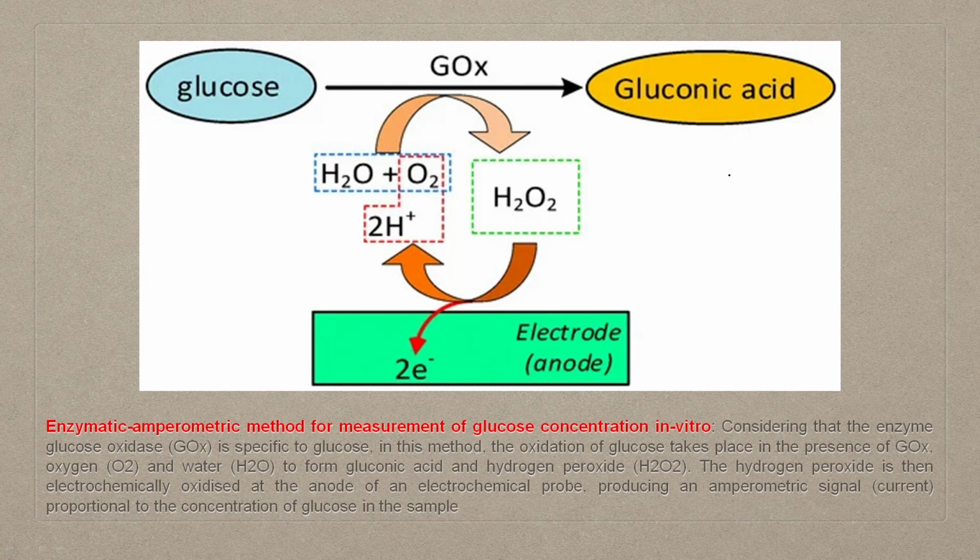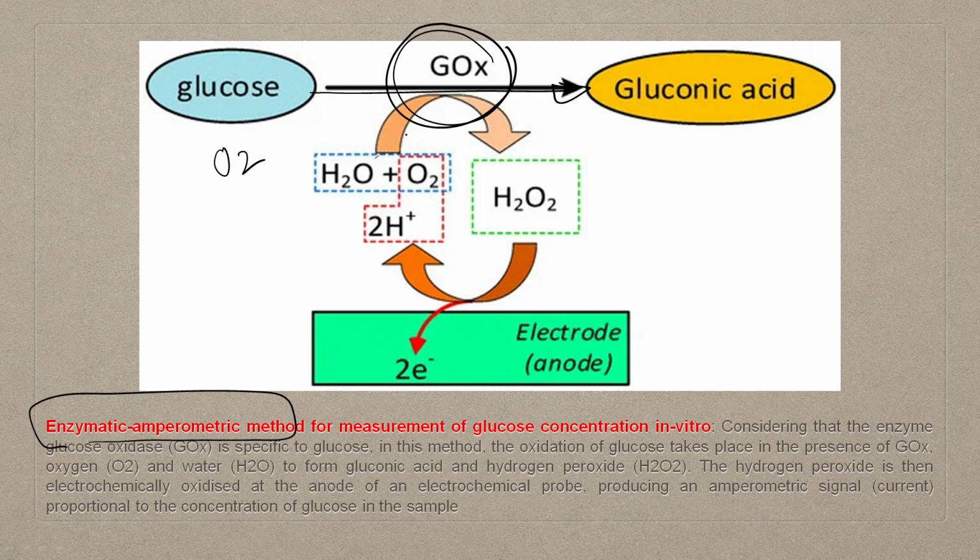Now, this is the one we have discussed, the enzymatic amperometric method. Why is it enzymatic? Because there is an enzyme involved in it, glucose oxidase, which is converting glucose to gluconic acid, and in that process the other substrate, oxygen, is getting reduced to peroxide, and then peroxide on top of an electrode, on the anode, is being oxidized back.